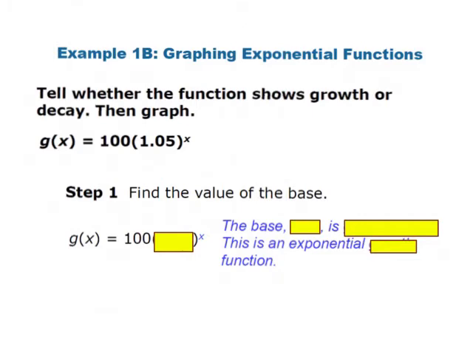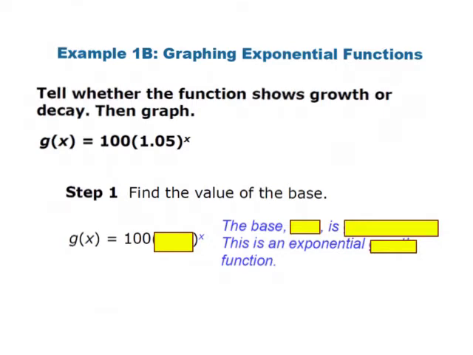Now we're going to work through some examples, and in these first examples there are a few steps we're going to do. First of all, we're going to determine if it is an increasing or decreasing function. In other words, does it show growth or does it show decay? And then we're going to graph it. So first of all, let's take a look at this here. Look right there, 1.05.